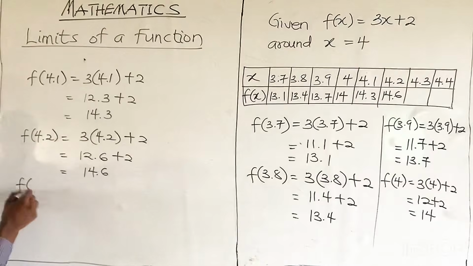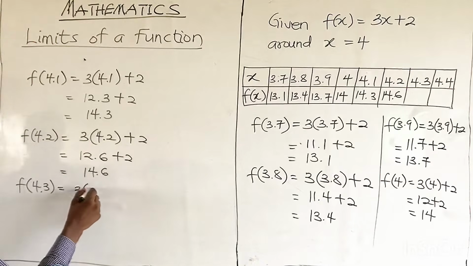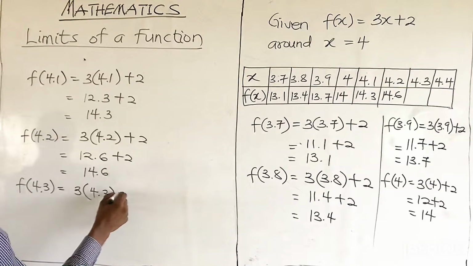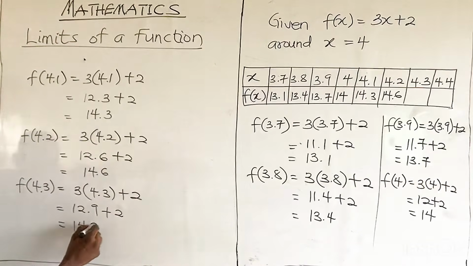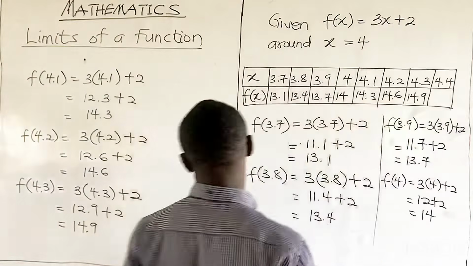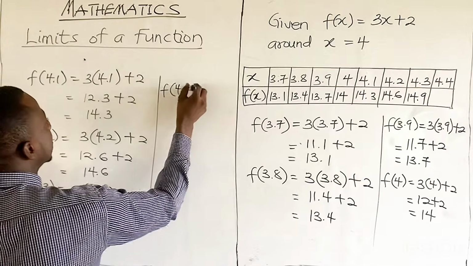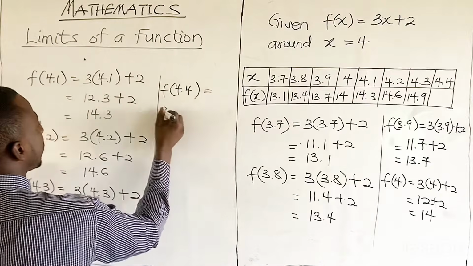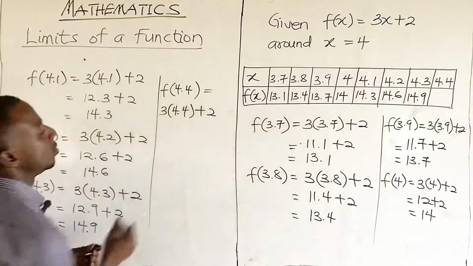When we have f of 4.3, we have 3 multiplying 4.3 plus 2. Then we get 12.9 plus 2, which is 14.9. The last one is f of 4.4, which is equal to 3 multiplying 4.4 plus 2.